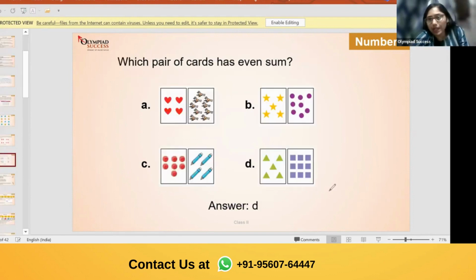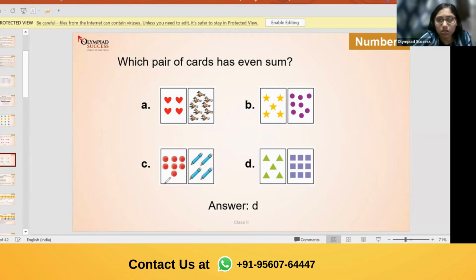This question I would like to ask Ishanvi. Which pair of cards has even sum? Ishanvi, are you there? Okay, Shriyan, would you like to answer?